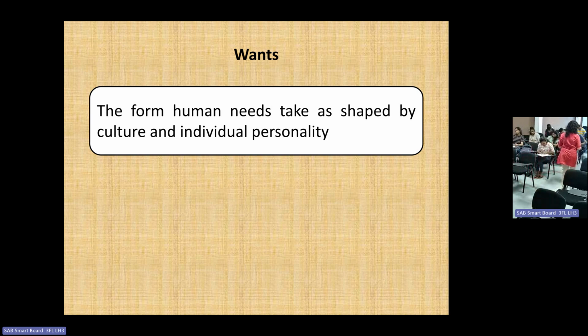Shaped by the individual personality. Example: a set of people going out for lunch, in the same culture, may demand different sorts of food and beverages.